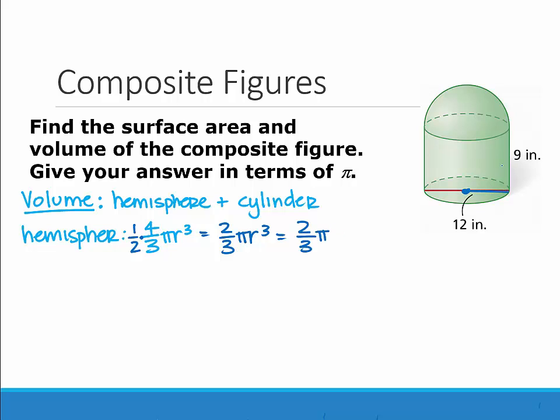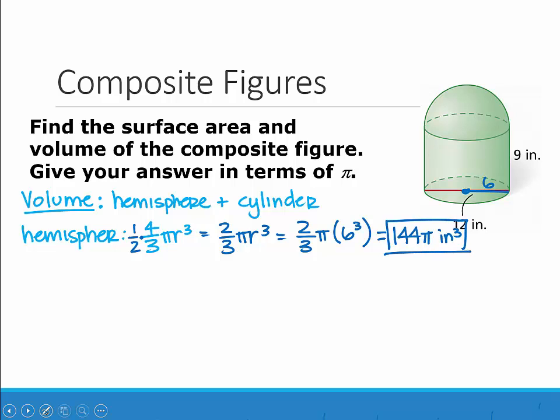They give us the whole diameter, which we don't need, but our radius is 6. So if I plug in 6 and cube it, multiply by 2, and then divide by 3, I have 144 pi for the volume of my hemisphere.